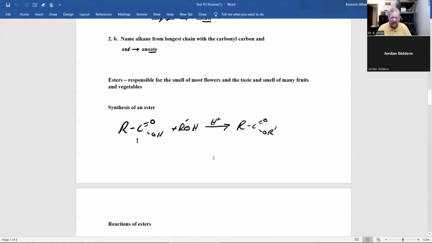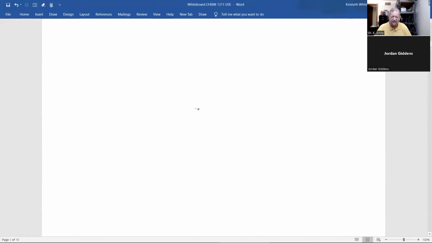Now, how do you make esters? Take a carboxylic acid, react it with an alcohol in the presence of acid, and you make an ester. And let's try that.